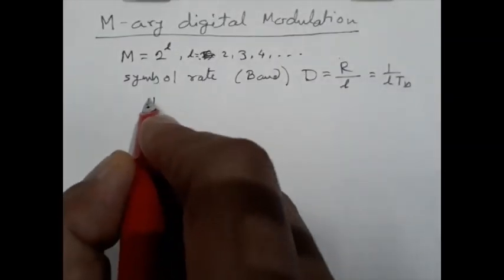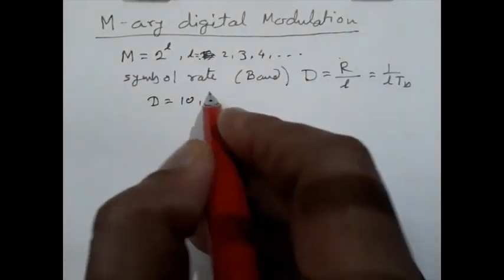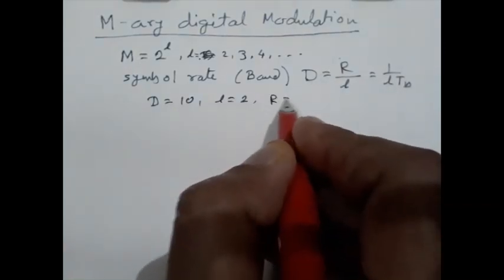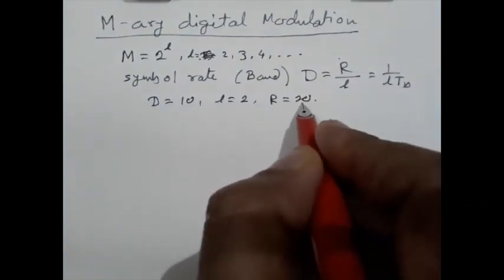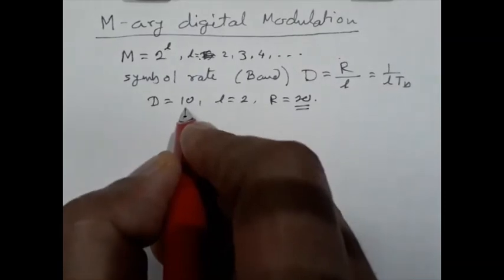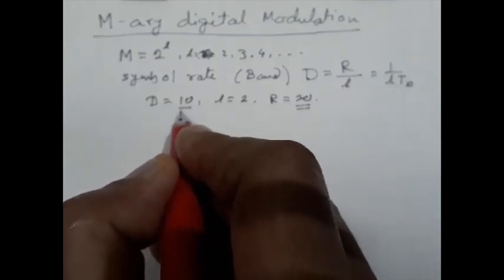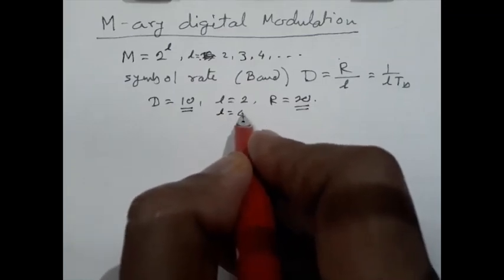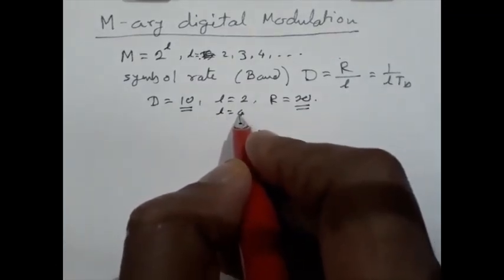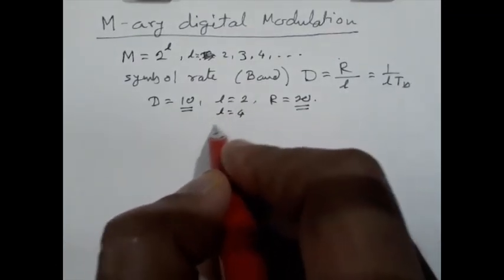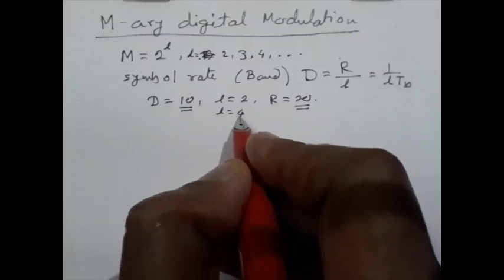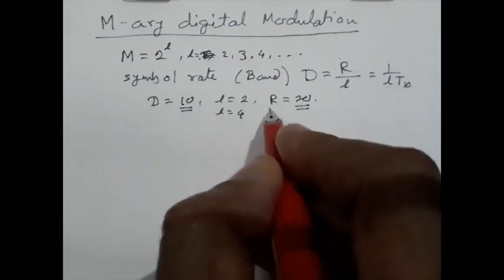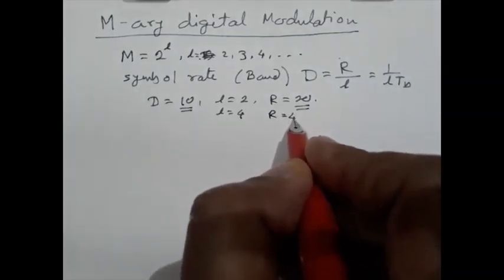So if D equals 10, L equals 2, then R will be equal to 20. So 20 bits will be transmitted by 10 symbols. If we increase L, say L equal to 4, per symbol we will transmit 4 bits. Under this condition, for D equal to 10, R will be equal to 40.